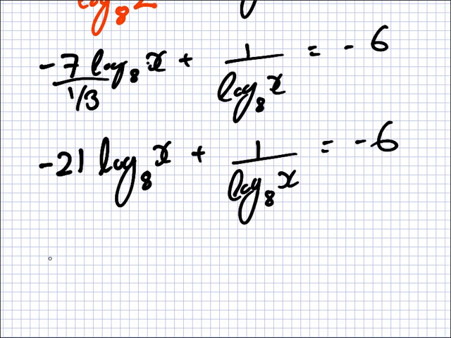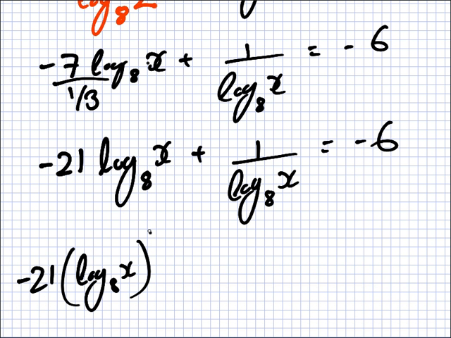Because what will happen is this will become minus 21 log 8x squared. What happens when you multiply this by log 8x? It cancels, and what are you left with? 1. Good. And then here, what will you get? Minus 6 log 8x. Okay.